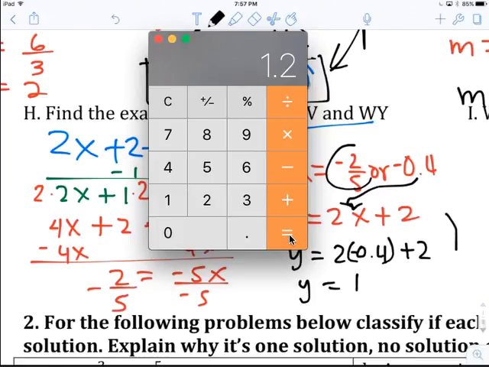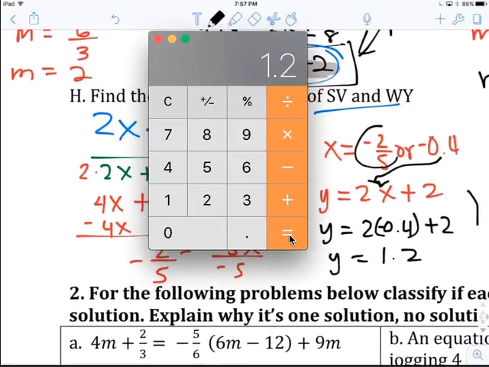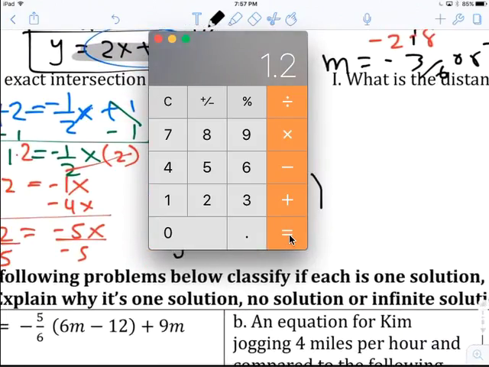Y equals 1.2. So where it intersects, the exact intersection is at negative 2/5 and 1.2. If you want to use a fraction, that's 2/10, so it's 1 1/5.